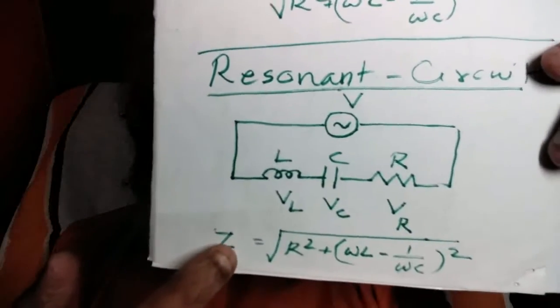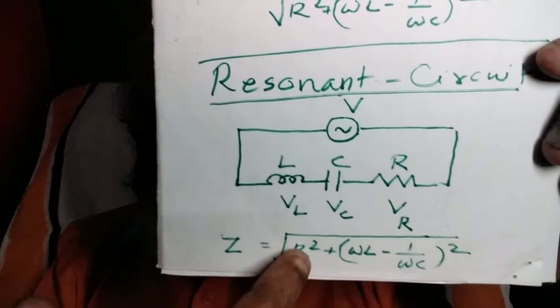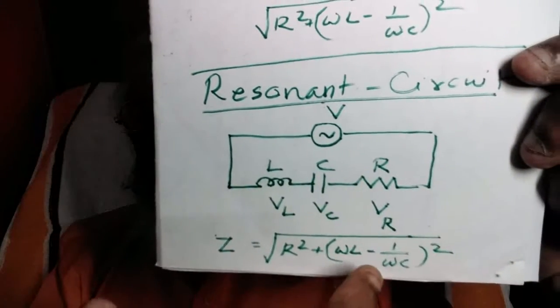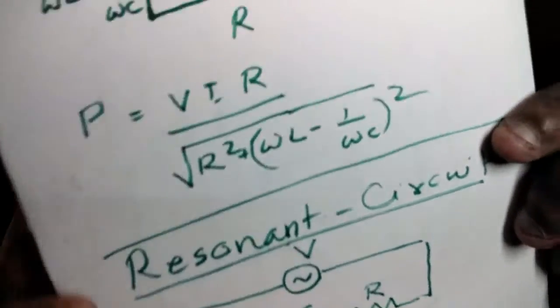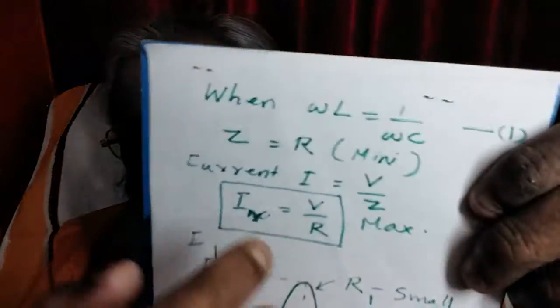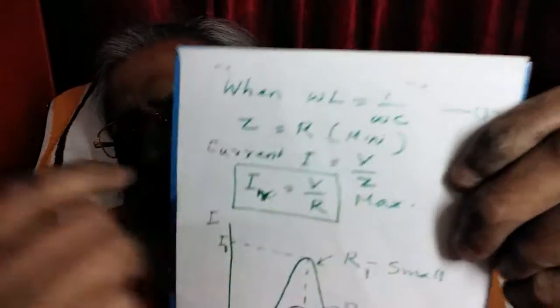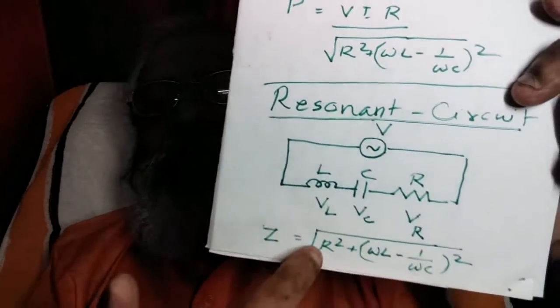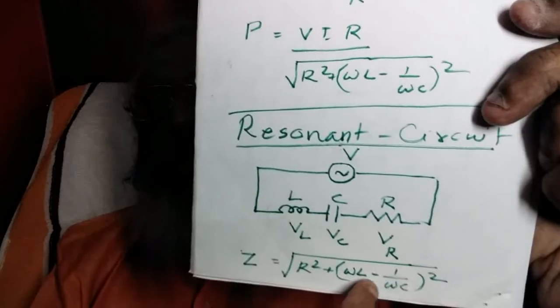the LCR circuit is Z equals square root of R square plus (omega L minus 1 by omega C) the whole square. Suppose omega L equals 1 by omega C. Then what is Z? Then this term reduces to 0.